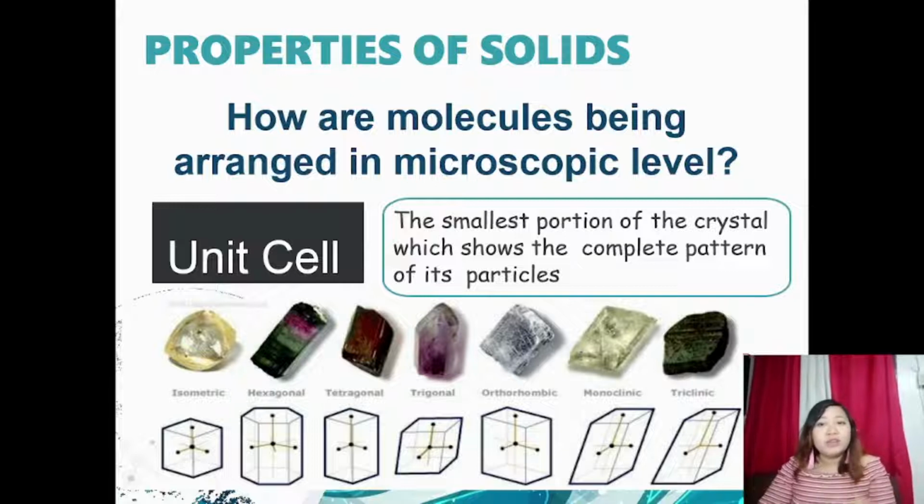So how are molecules arranged at the microscopic level? The crystal's basic unit is called the unit cell. This is the smallest portion which shows the complete pattern of the particles or the arrangement of the atoms within the crystal. We have isometric, hexagonal, tetragonal, trigonal, and the likes.